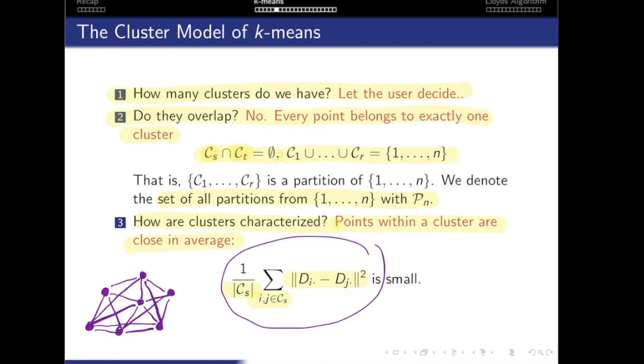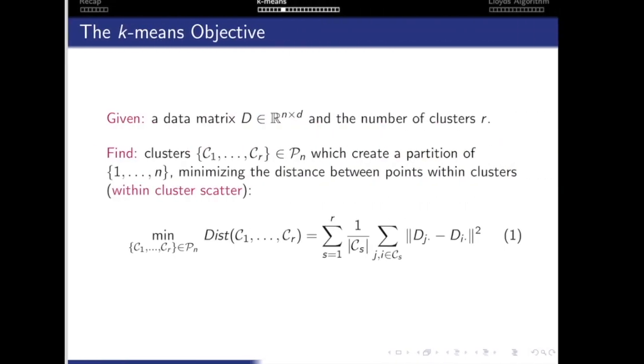And then what this term is returning is the average length of these connecting lines, right? So it could be, for example, something like this. Here we have smaller edges, and we also have longer edges, but this could then be the average length of these edges. Okay, so points within a cluster are close on average, makes sense.